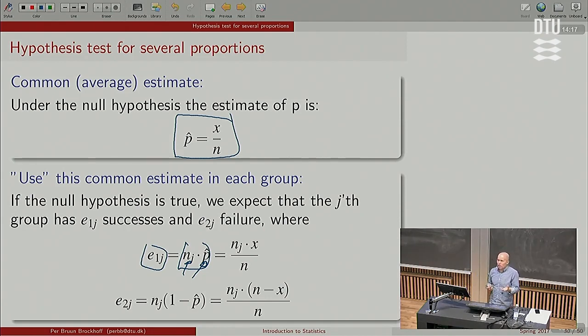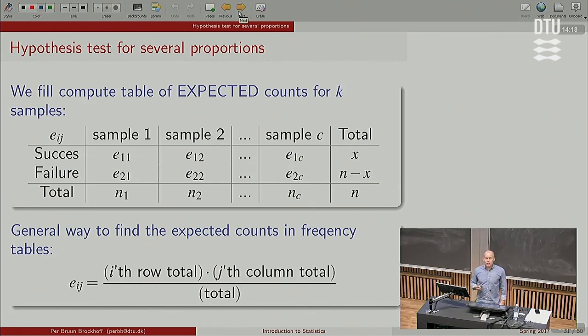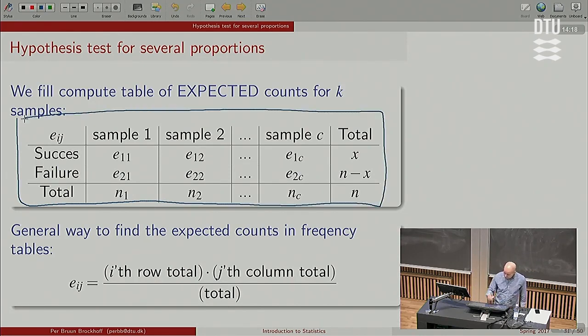So I compute what it's supposed to be. What's the expected one if they should all be the same? And then I can also compute the other with 1 minus that proportion. If I have the expected number of malformations here, the other number is the expected number of OKs, right? So these two add up to the nj. I compute that for each year, and then I have a data table. That's how we should think about it now.